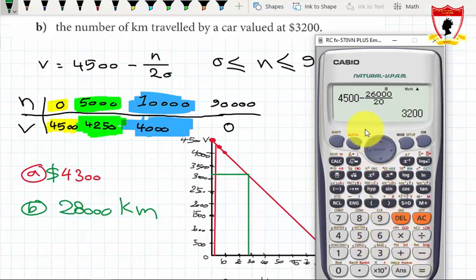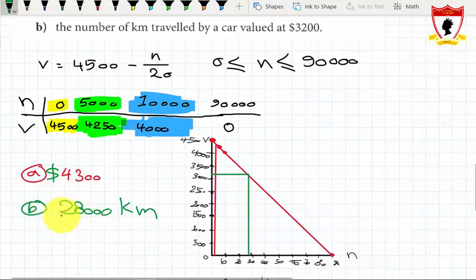Then it's perfect. 28,000 is a good estimation, but once we calculate it, we got that it's 26,000. Then part B, we just replace the 28,000 by 26,000 because it's perfectly correct.